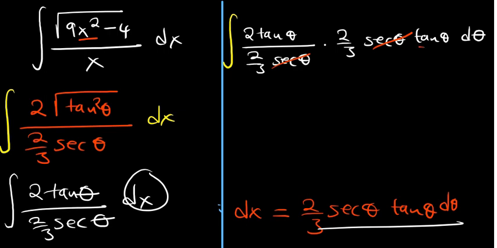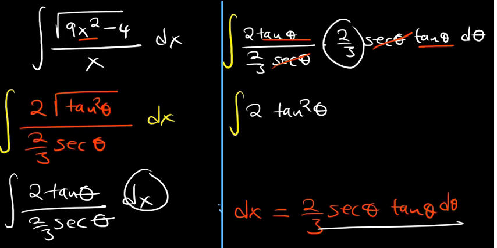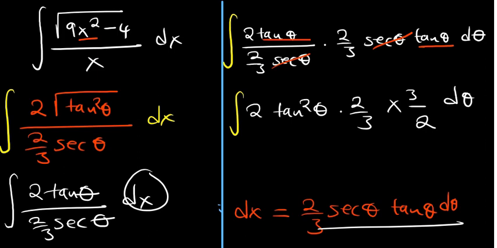And then tangent of theta can multiply by tangent of theta. So we have the integral of, so we start with a 2 there, so 2, and then tangent by tangent is going to be tangent square of theta, and then we are dividing by, first of all, before dividing, we have this 2 over 3 that I shouldn't forget about, so I'm multiplying by 2 over 3, and then we're also dividing by 2 over 3. So dividing by 2 over 3 is as good as multiplying by its reciprocal, which is going to be 3 over 2, and then of course the theta at the end.